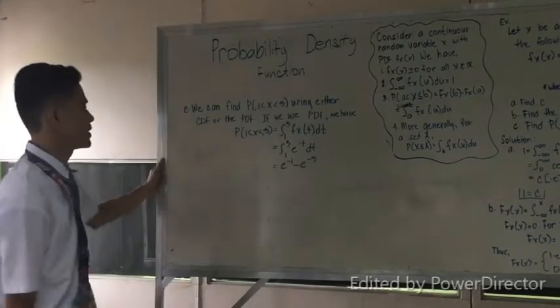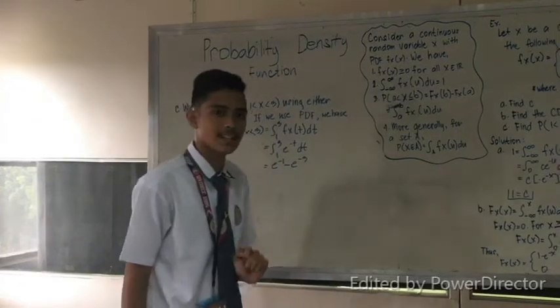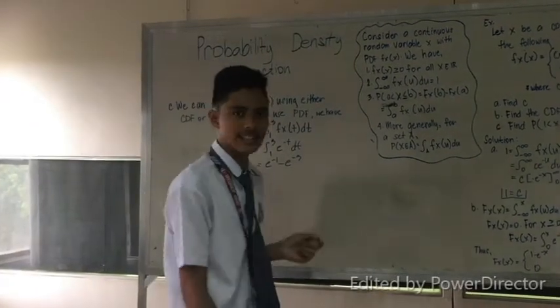So the third step is to find the probability of x greater than 1 but less than 3.